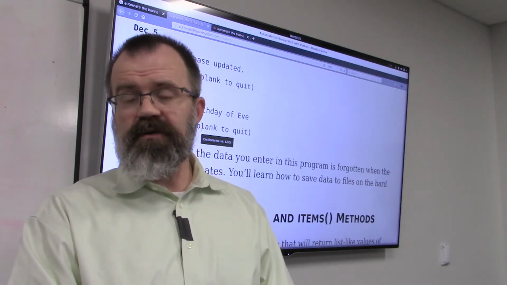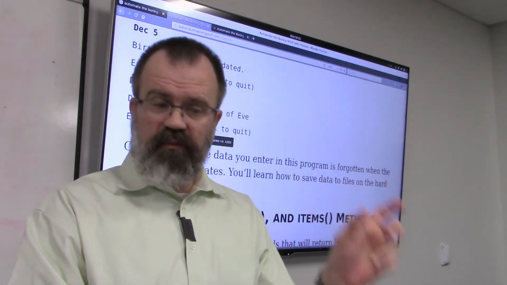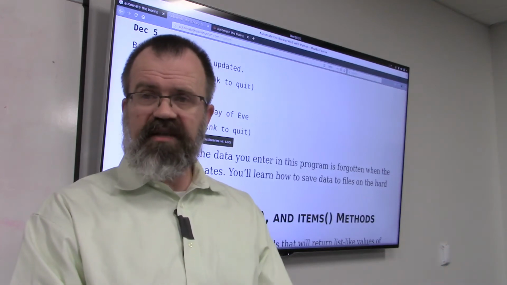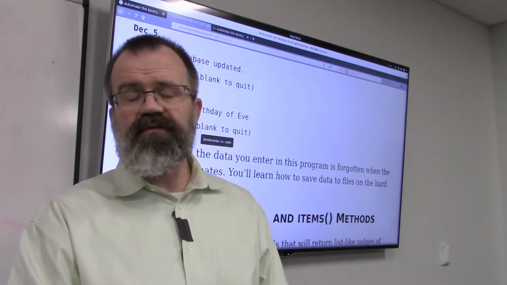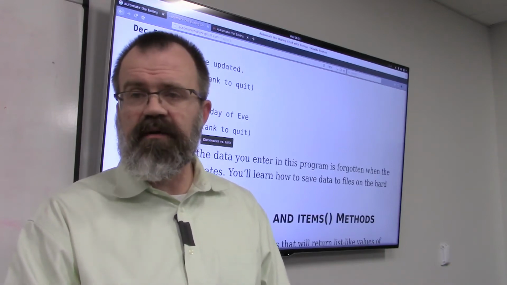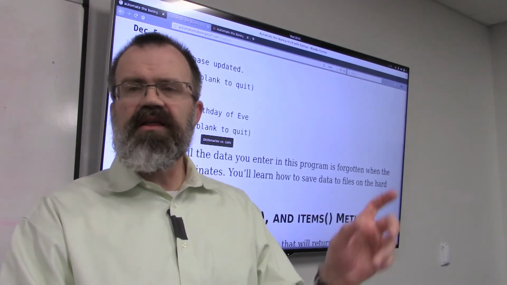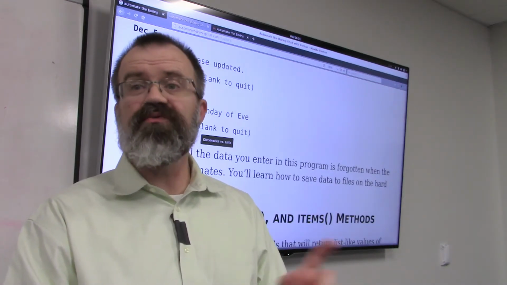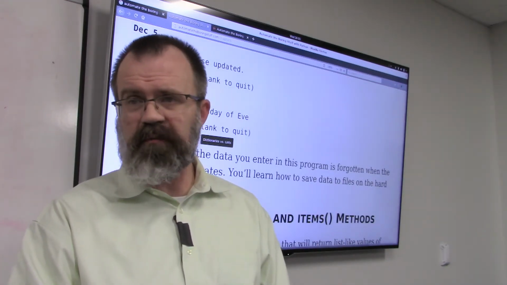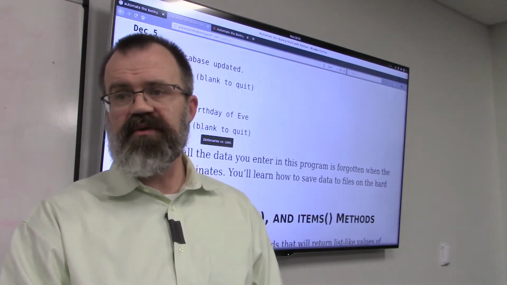If the first entry said December 5th is Eve's birthday, and the second entry happened to be Frida's birthday, then it would update the December 5th entry to be Frida, and you would lose any information about Eve's birthday.